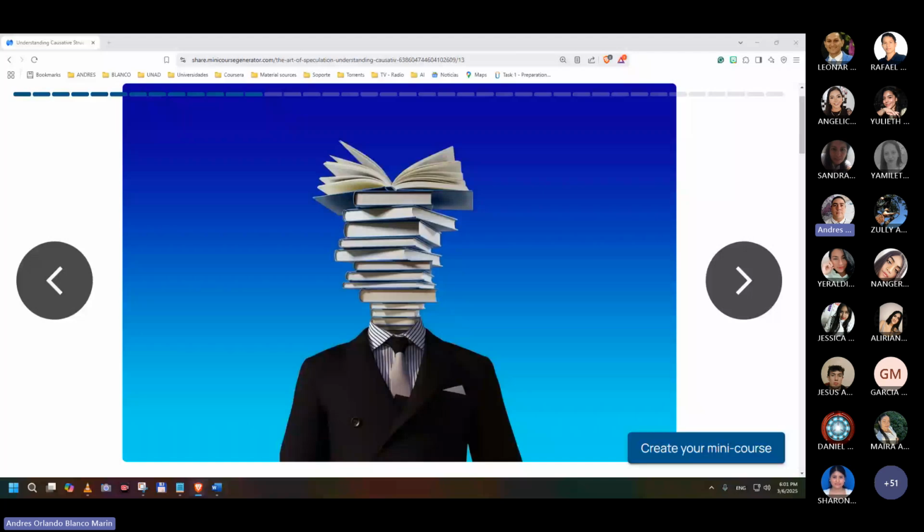Can you see the question? Which of the following verbs is not commonly used in causative structures in English? I have 67 people connected, so I hope at least 30 answers.